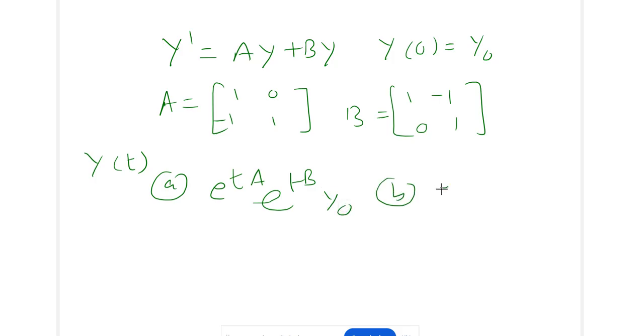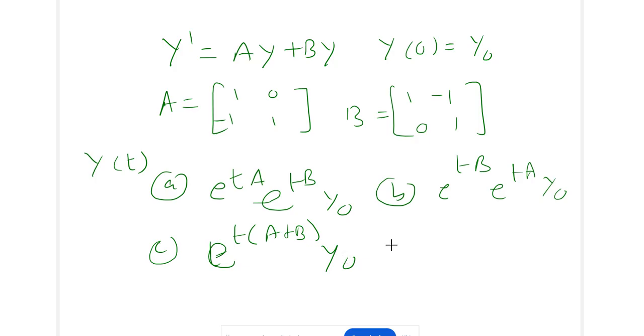Option B, e power tB into e power tA into y naught. Option C, e power t into (A plus B) into y naught. Option D, e power minus t into (A plus B) into y naught.